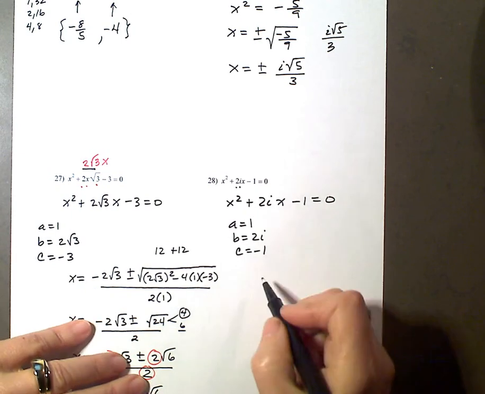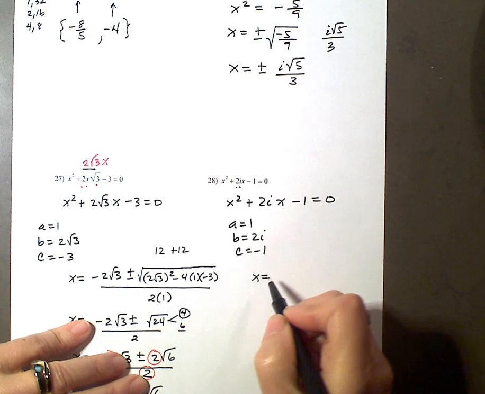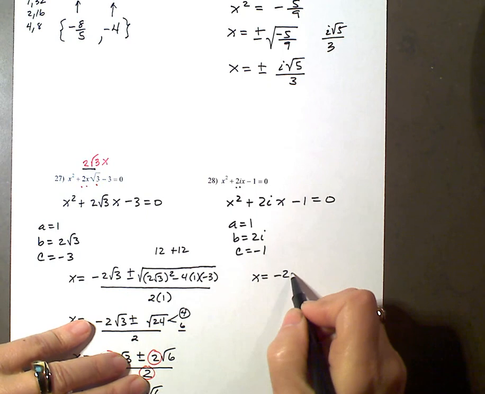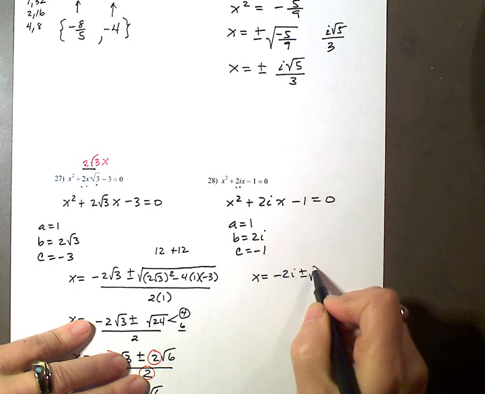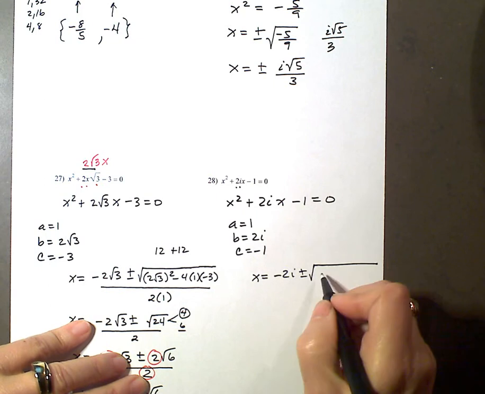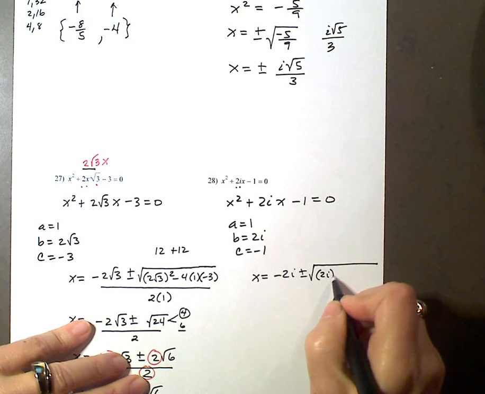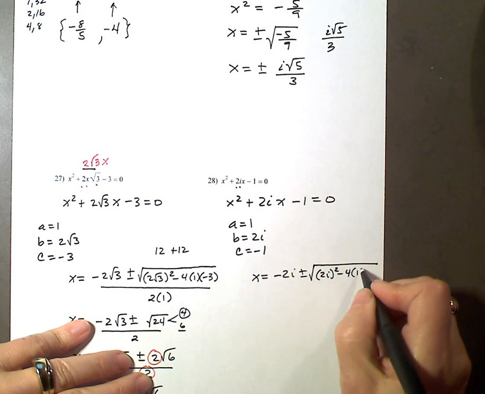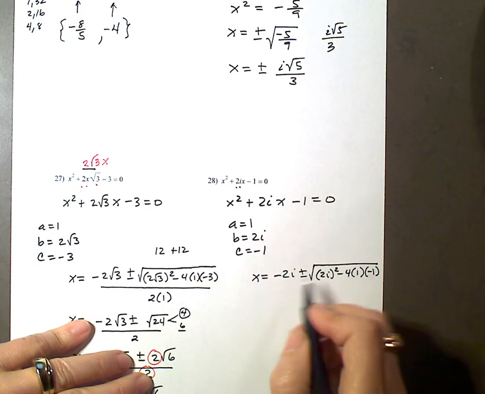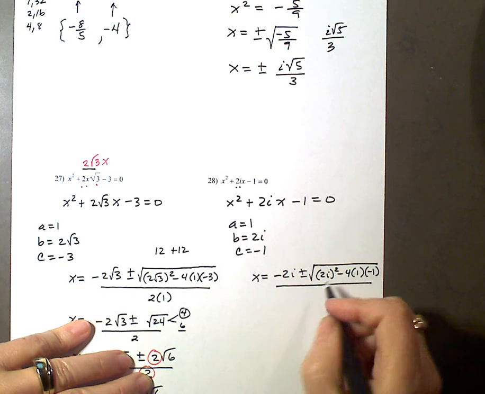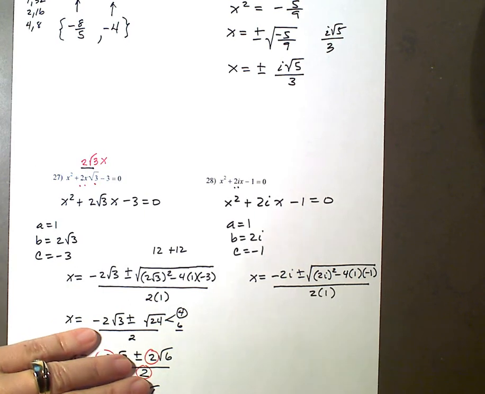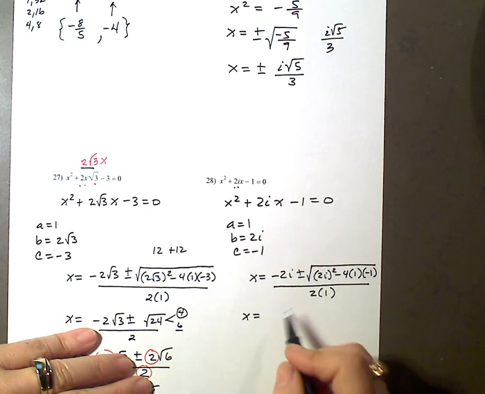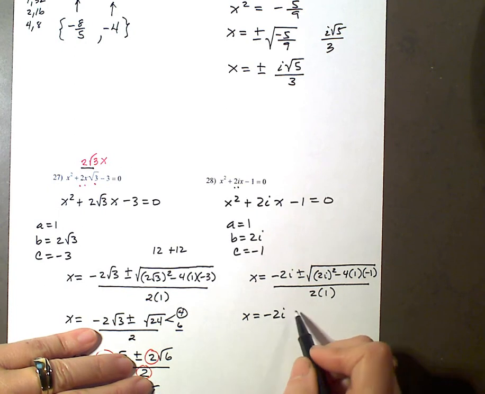So x is equal to the opposite of b plus or minus the square root of b squared minus 4 times a times c, all over 2 times a. So x is equal to negative 2i plus or minus the square root of.